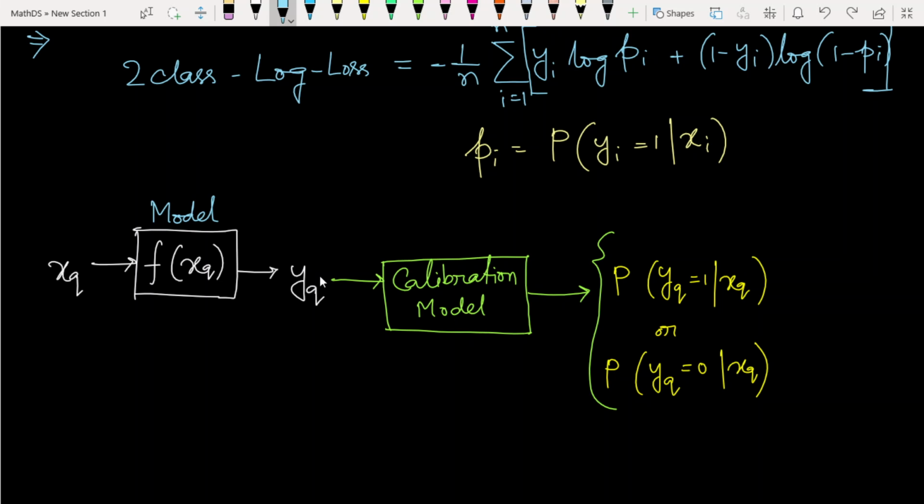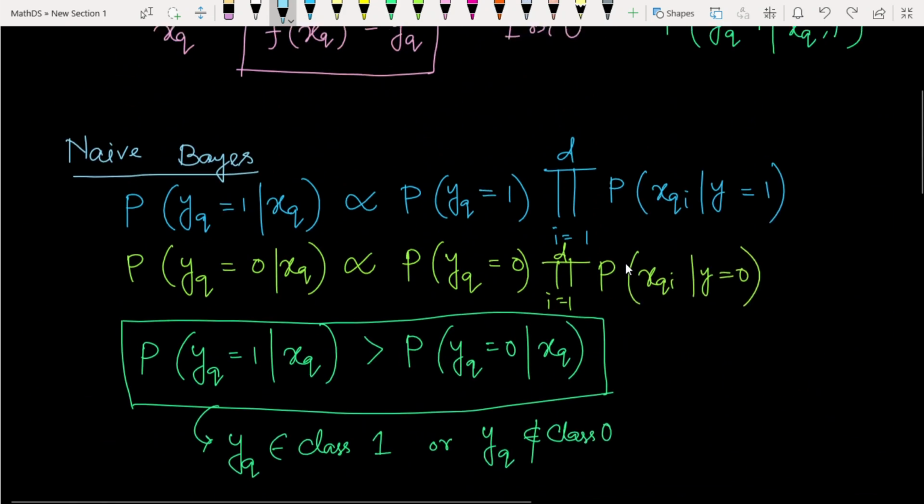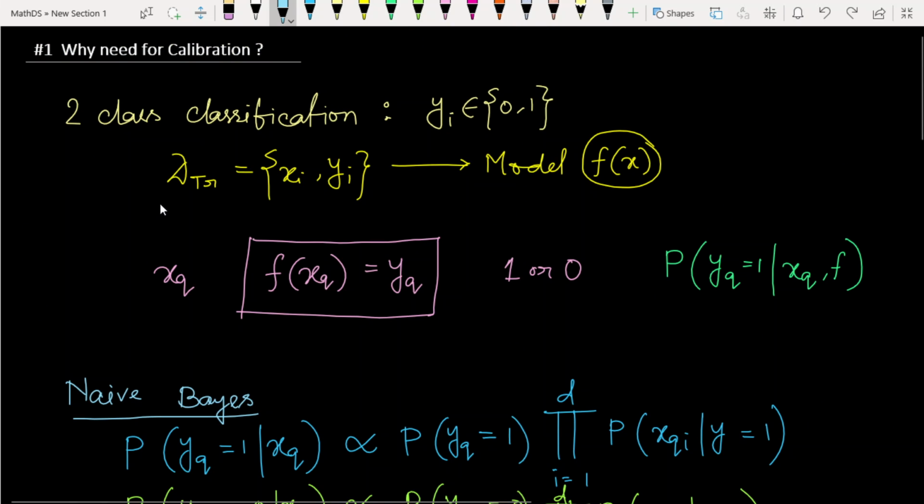So if we use this output to build another model that gives the output in a probability way, that is actually called calibration. I think you got the idea what calibration is and why we need it in real world problems. When we discuss various case studies and apply this calibration technique, you will see how important it is in real world scenarios.